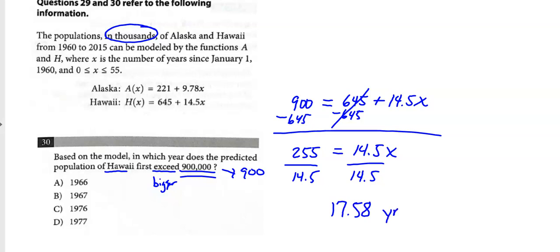So that's years, but that is after 1960. So we're talking between 1977 and 1978. So I'm going to have to go with correct answer D before we go over that.